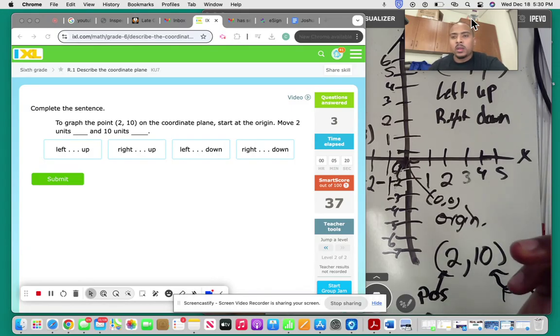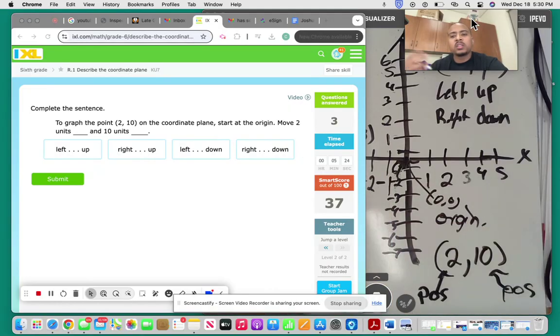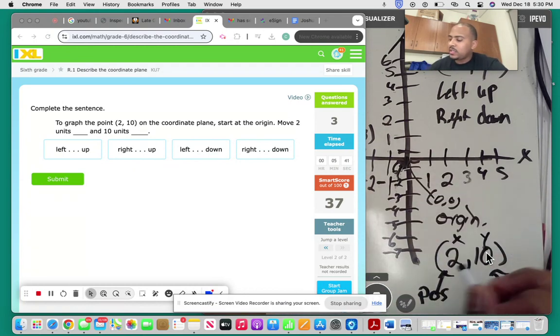So one of these is talking to the x-axis and one of these talking to the y-axis. Well, which one would be talking to the x-axis? Well, it would be the 2 because it comes first, right? The x-axis comes first. So this would be talking to the x. Which one's talking about the y? Well, it would be the second coordinate, which is the 10. So this is telling me go 2, which direction?